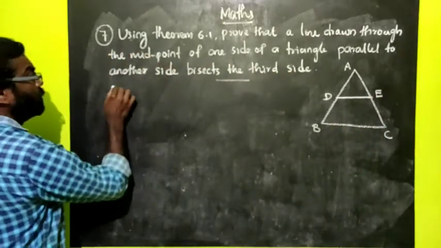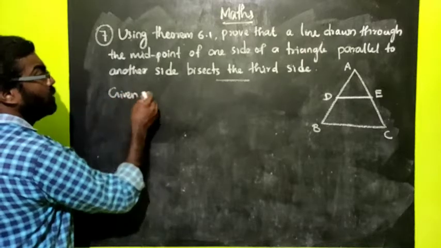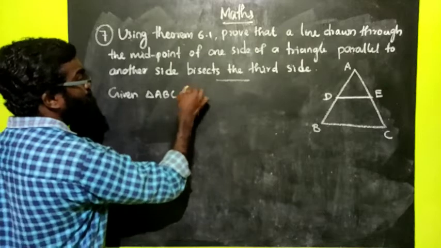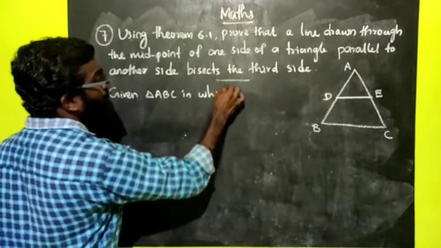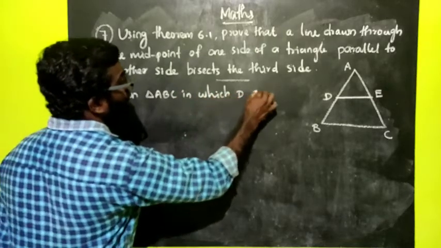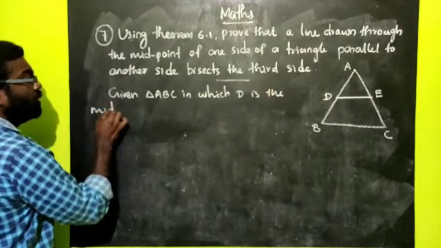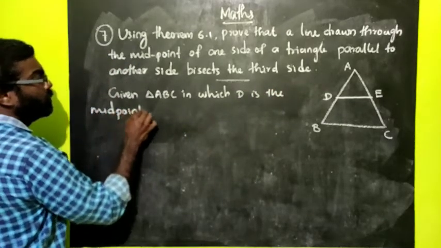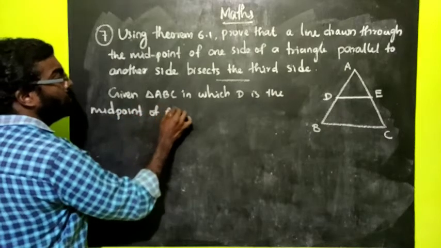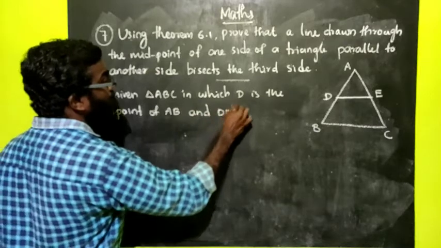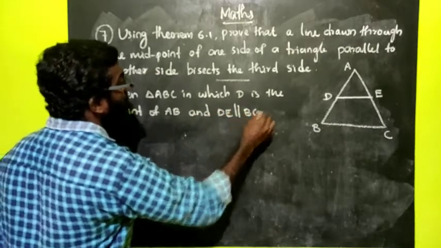So it's given triangle ABC in which D is the midpoint of AB and the line DE is parallel to BC.